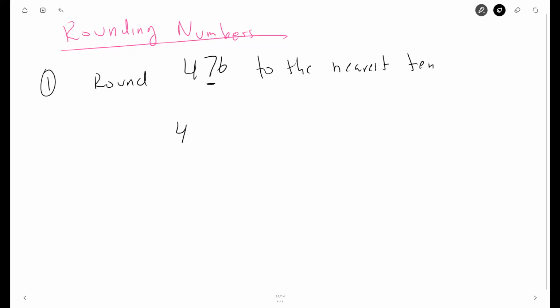That means that we need to look at anything to the left, we're gonna leave it by itself. Anything to the next number to the right, we're gonna look at it, a 6. If it's 5 or greater, we're gonna add 1 to 7, so it will be 8. And anything to the right of 8, which is 6, has to be turned to 0. So the answer is 480.